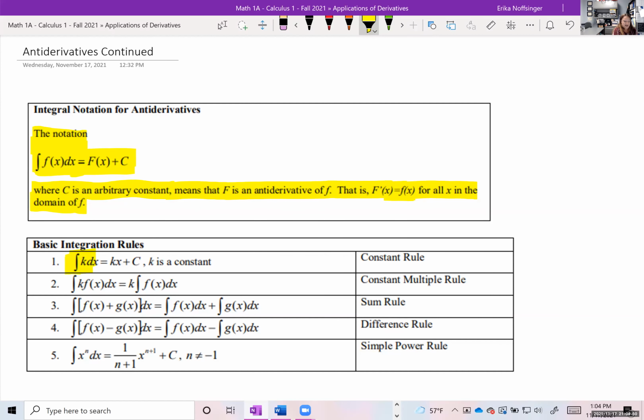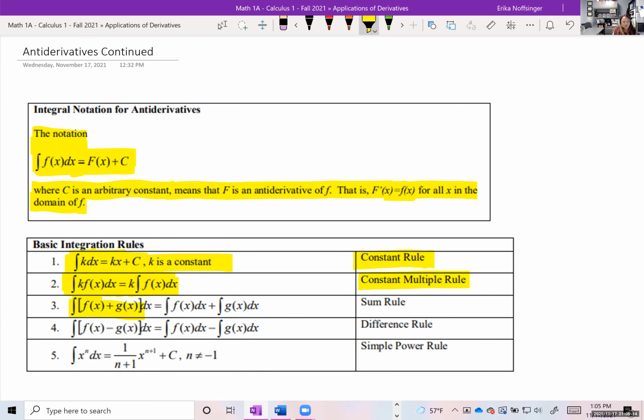If we took the antiderivative of a constant, that was just the constant times x plus c. That was our constant rule. If we had a constant times some f of x dx, and we were taking the integral of that, we could pull that constant out, take the antiderivative of f of x dx, and then multiply that by the constant.